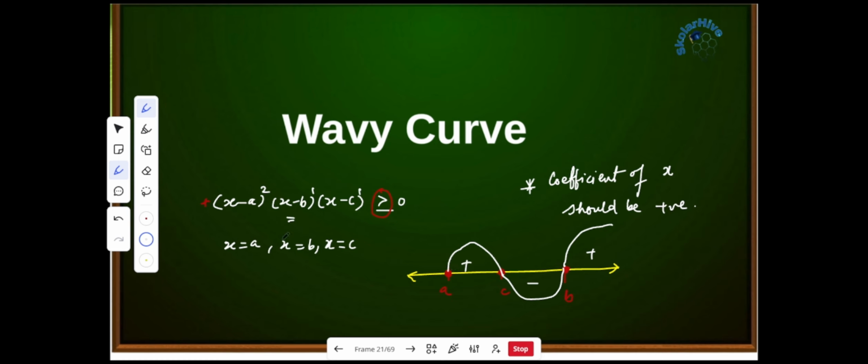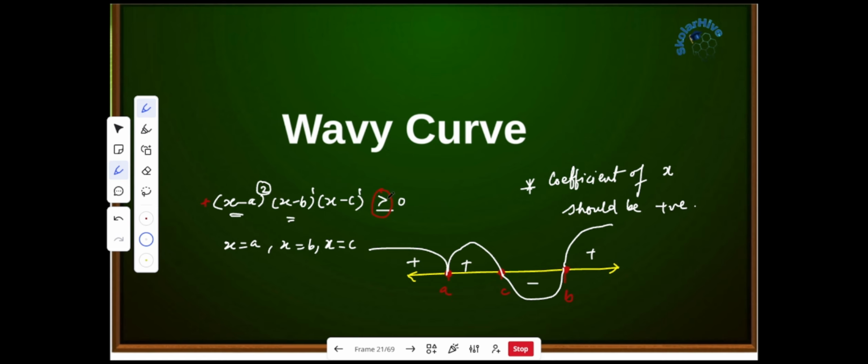Now a is the zero of the linear factor x minus a. Here the power is even, so the curve will not change its direction from positive to negative. It will continue in the same direction as positive. So now we have the Wavy curve over here.